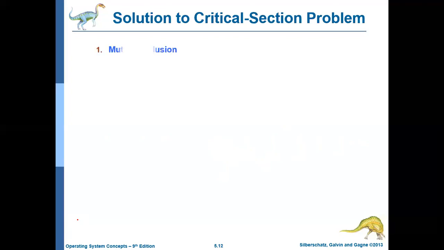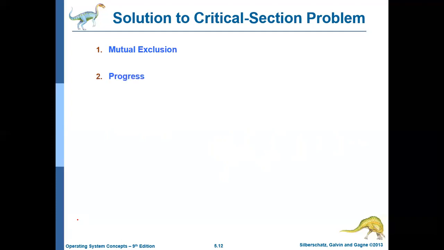The first one is mutual exclusion, which we already defined. The solution should ensure that if one process is executing its critical section, then no other process should execute its critical section. If this condition is satisfied, then the algorithm is mutually exclusive.